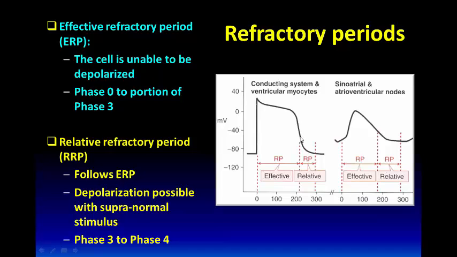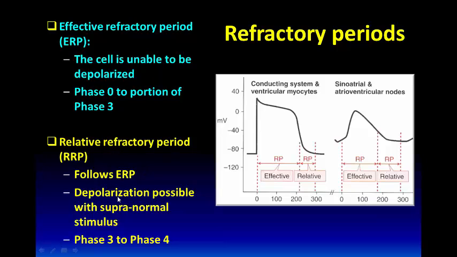And the cell is absolutely refractory to another stimulus because the cell is already engaged with the previous stimulus and cannot respond to another stimulus. This effective refractory period is followed by a period where refractoriness is not absolute, and we call it the relative refractory period.